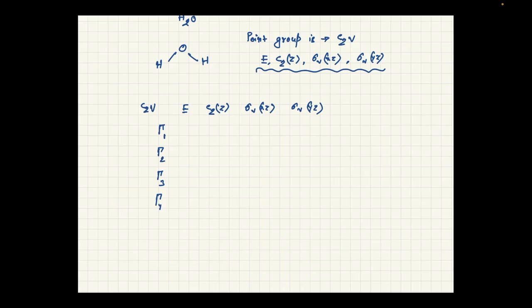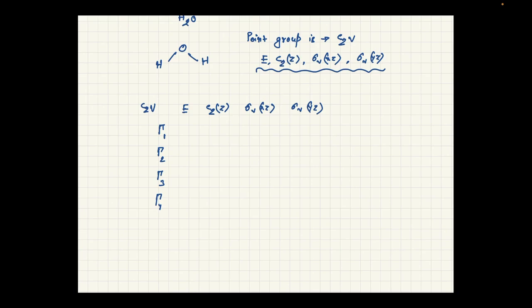Now you have to write down the individual characters corresponding to the particular symmetry operations. How do you define a character? A character depends on a basis. First you have to identify a basis, and then you operate these symmetry operations on that basis, and if the basis changes sign, or if it is symmetric or antisymmetric with respect to a particular symmetry operation, then you define the character.